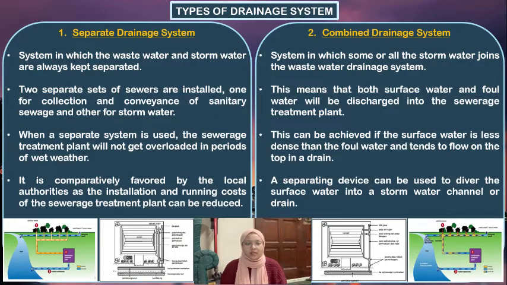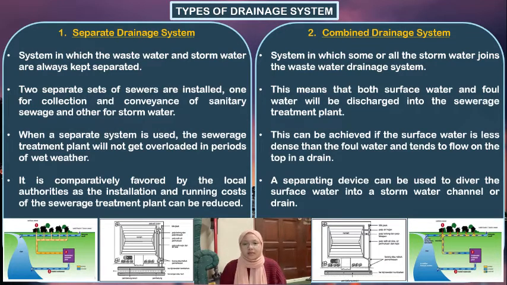When a separate system is used, the sewage treatment plant will not get overloaded in periods of wet weather. It is comparatively favoured by the local authorities as the installation and running costs of the sewage treatment plant can be reduced.